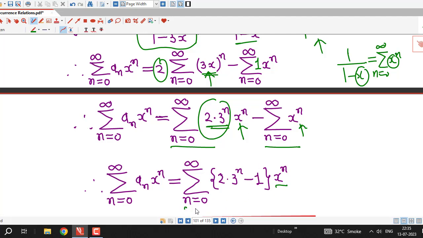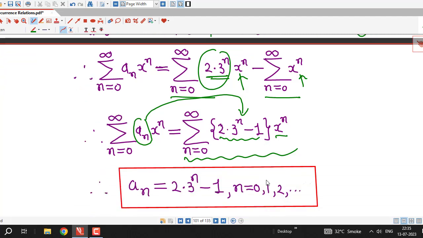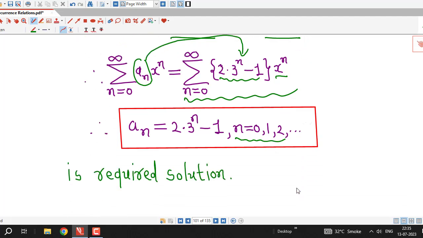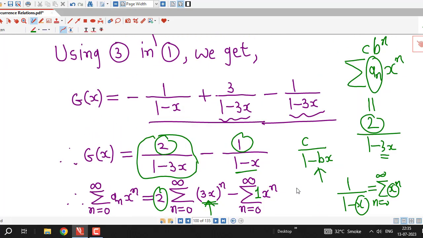So finally I have written this series in this form, a_n into x raised to n, so that I can compare with this and I can obtain the formula for a_n. So we have a_n equal to 2 times 3 raised to n minus 1, n takes the values 0, 1, 2 and so on. This is the required solution, and you can cross verify.